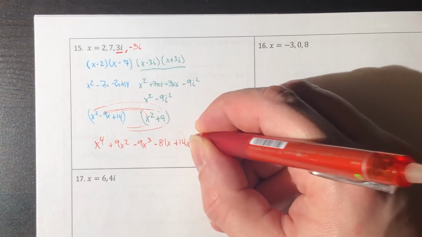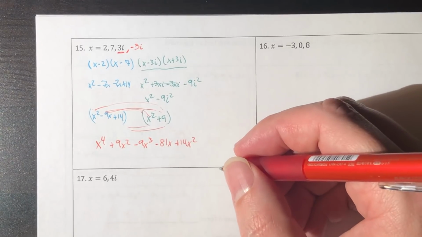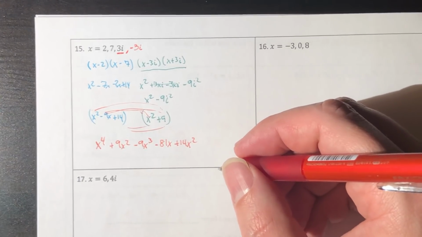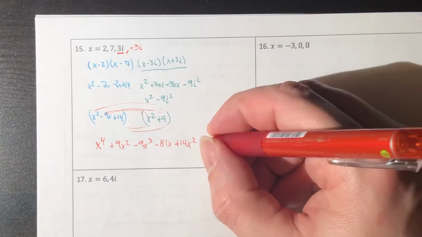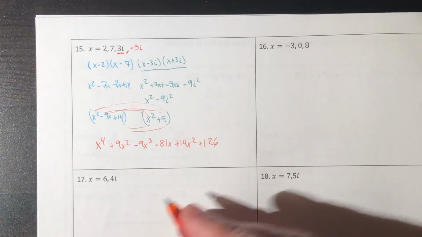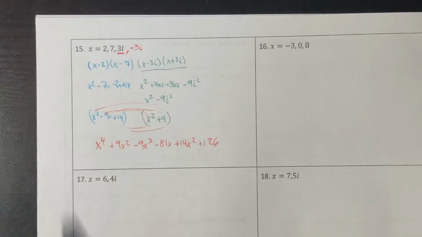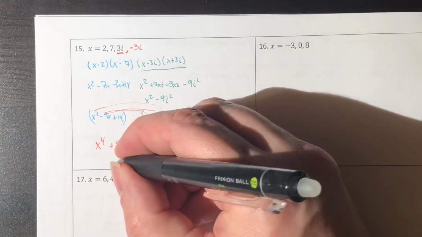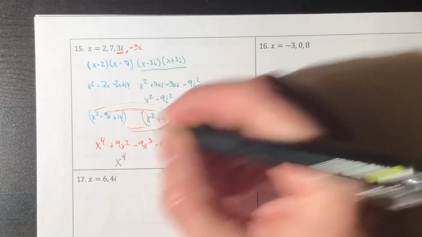So plus 14x squared, and then 14 times 9, so plus 126. Combine your like terms and put it into the correct order from highest exponent down.